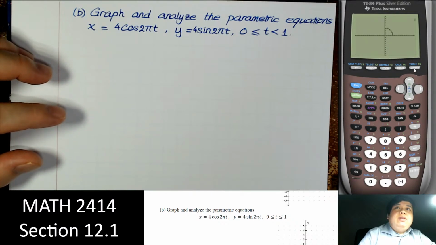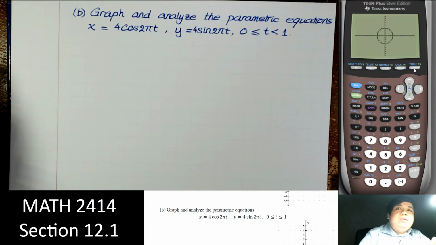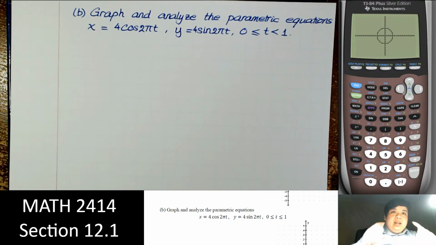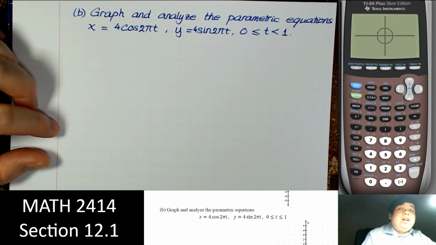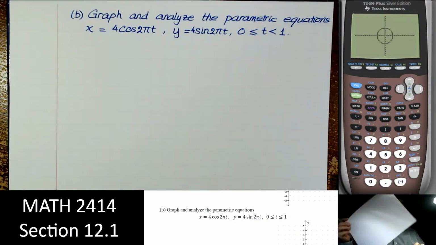And when we graph, it is a circle. By the way, if we want to see the circle, hit zoom, choose number 5, zoom square. Square meaning the x and the y have the same scale, so it looks like a circle. So how do we show that it's actually a circle? Right. So parametric equation, there will be two.